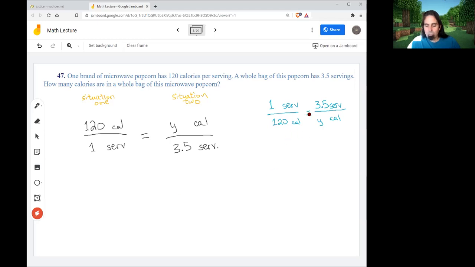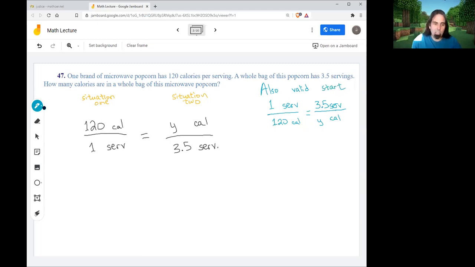But it's not wrong if you flip things, as long as it's consistent. If I have servings on the top once, I have to have the other servings on the top also. So keep your words parallel, everything will work out.